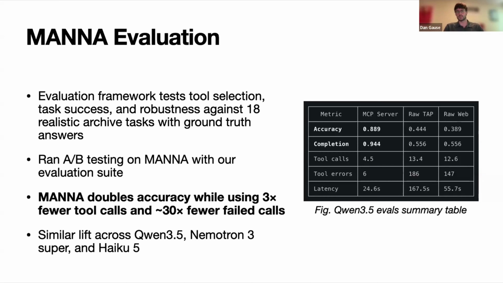And that again just means lower token cost. And I saw similar lifts across a number of different models that I tested. So we tested Qwen 3.5, Nemotron 3 Super, which is NVIDIA's current open source model, and Haiku 5.